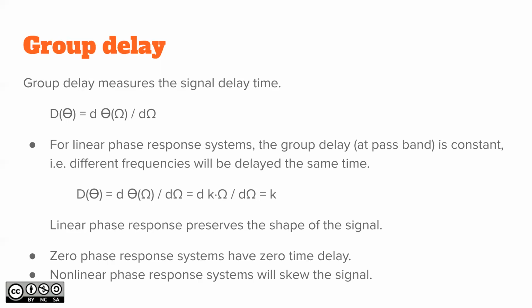So if you think of data transmission where you are using multiple frequency bands to carry the information, you probably want all the frequency components to pass the system at the same time. So in that kind of system, it's crucial to have as linear a phase response as possible.